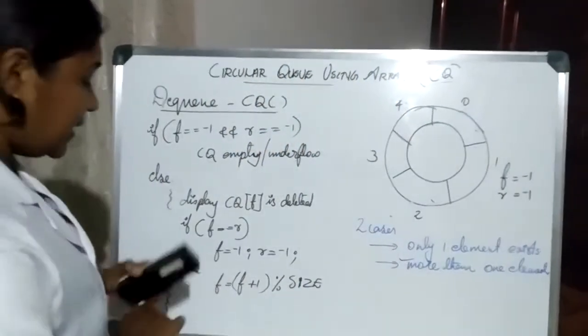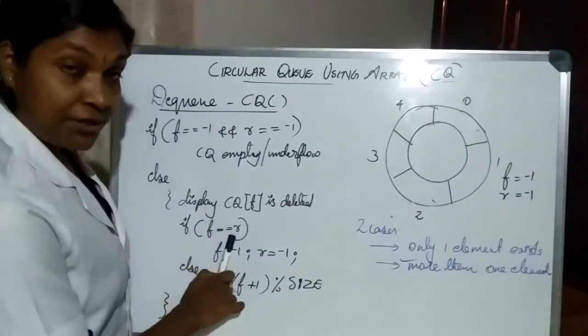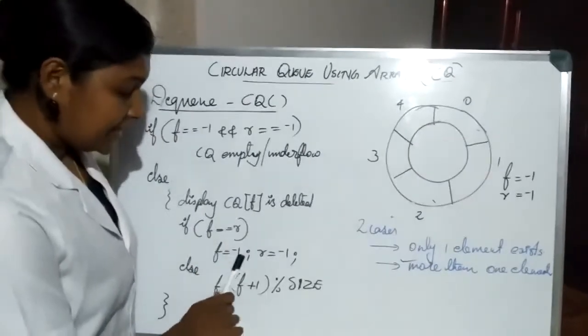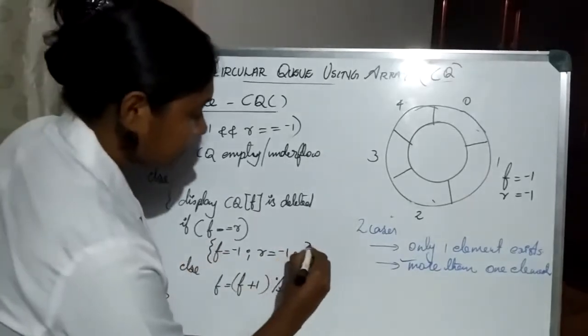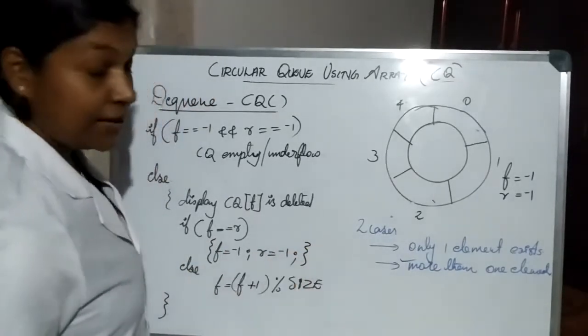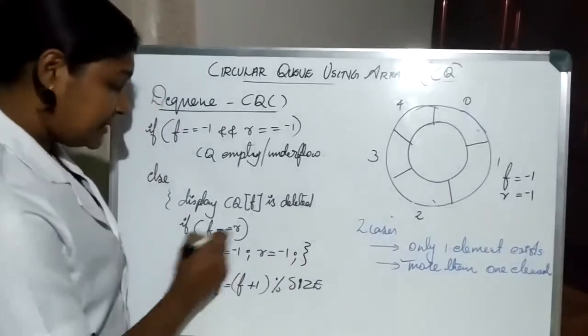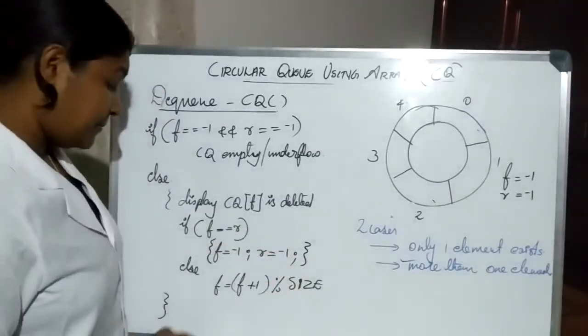So that is what we have done here. If front is equal to rear, f is equal to -1 and r is equal to -1. Set these values. As it consists of more than one executable statement, we must include them within braces.